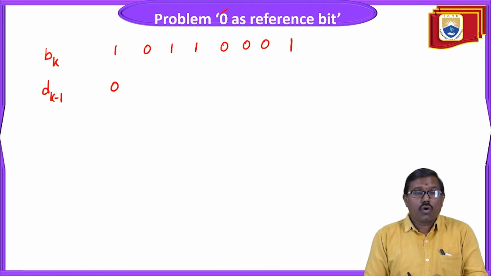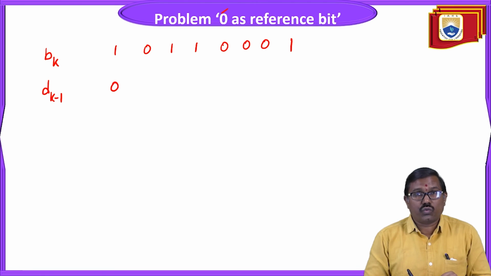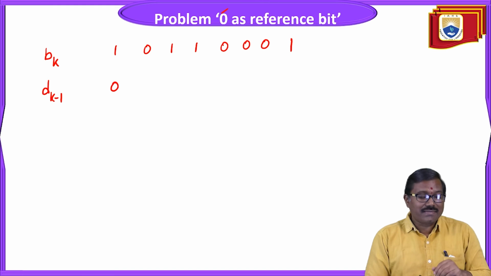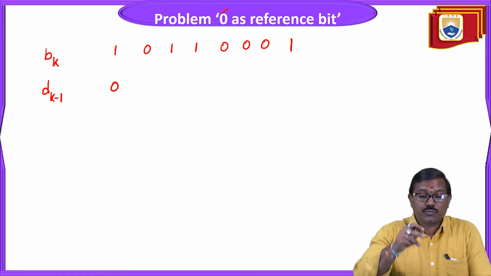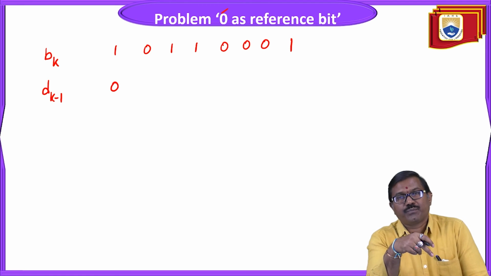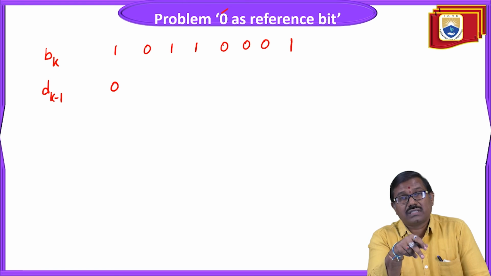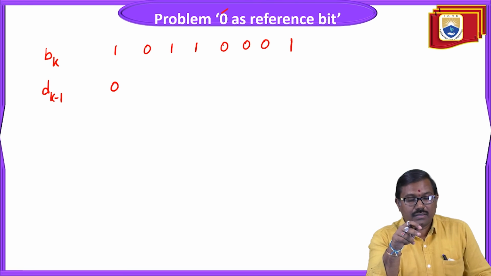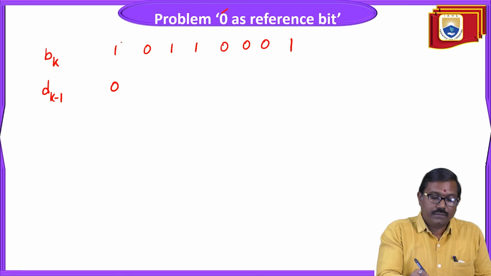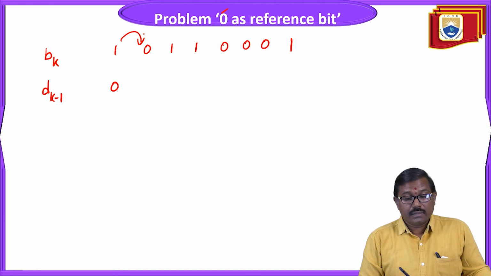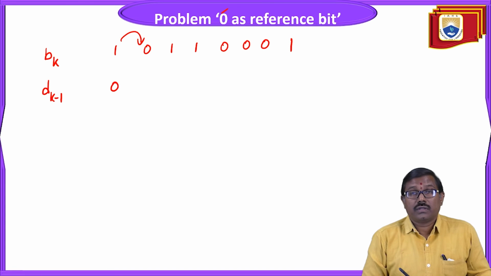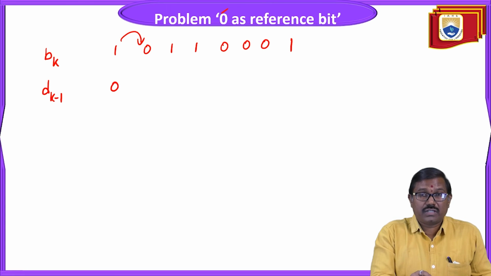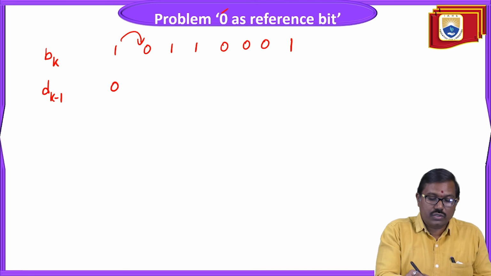Now how to produce DK for 0 as the reference bit. Here it is simply the complement of XOR, whereas previously we took the XOR operation between BK and DK minus 1. So 1 0, what did you get? You apply the complement of XOR, so do not forget. 1 0 is generally 1, but the complement is 0.